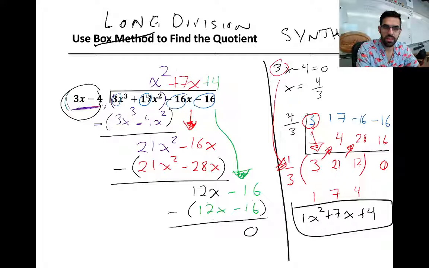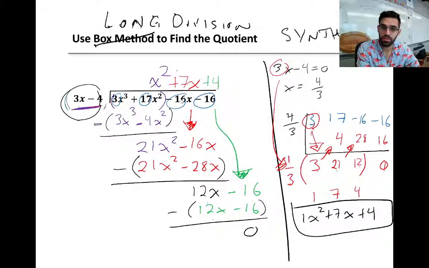I'm going to subtract that from our original polynomial. 3x to the power of 3 minus 3x to the power of 3 is a wash. 0 cancels out. 17x squared minus negative 4x squared is 17 plus 4, which is 21x squared.